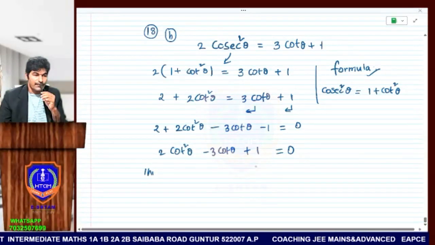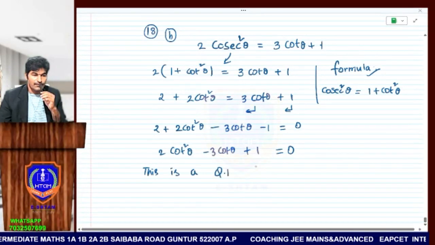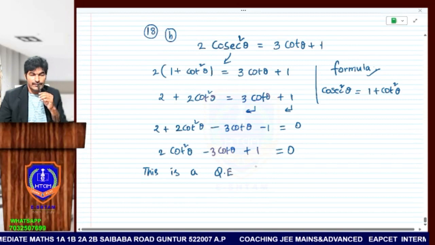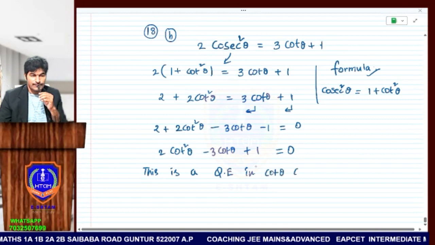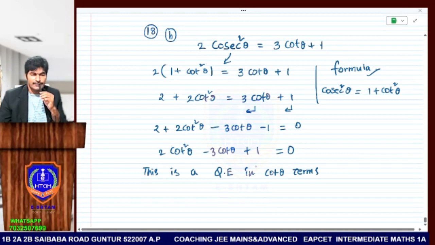And this is a quadratic equation. This is a quadratic equation. QE means quadratic equation in cot theta terms. You can treat that cot theta as a single variable, so you can say t.